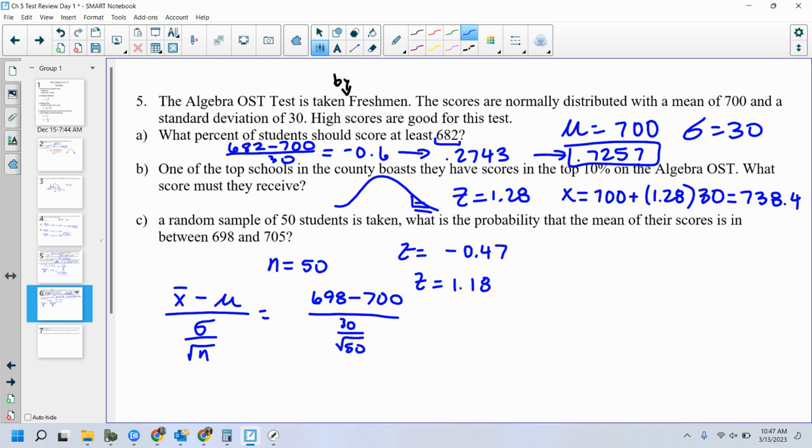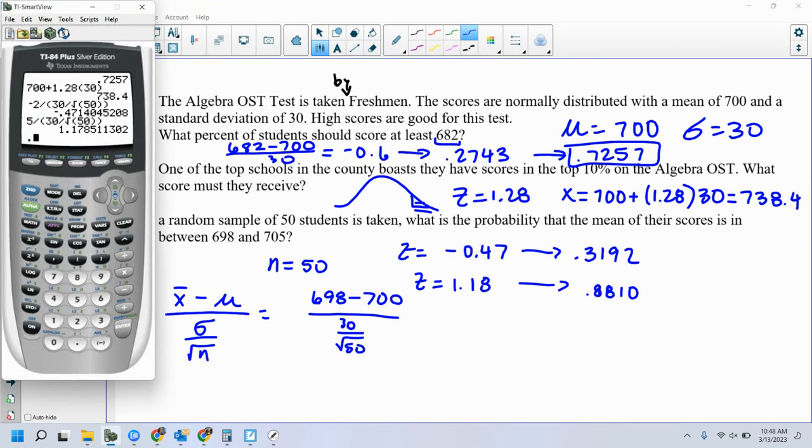Okay, so negative 0.47 gives 0.3192, and 1.18 gives 0.8810.